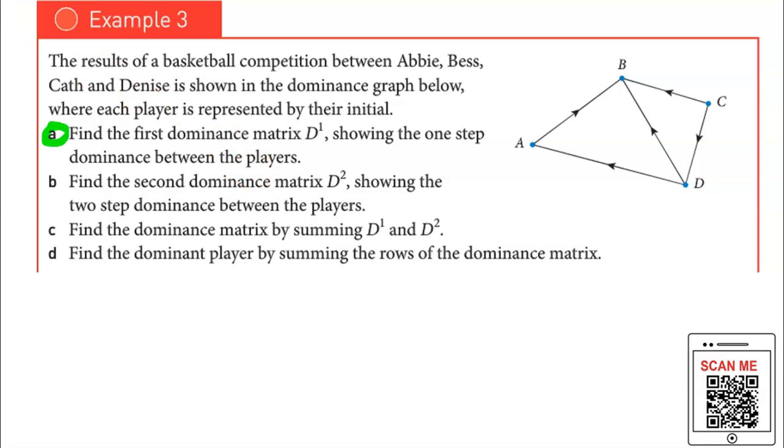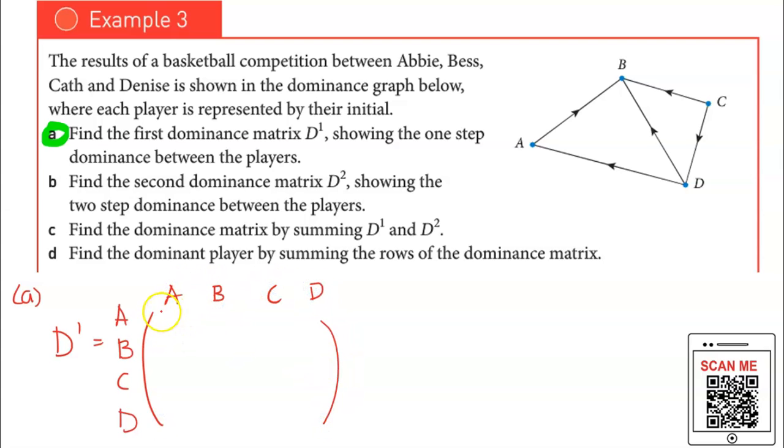So first thing, please construct a matrix. D stands for dominance. It's actually the same idea as what you did for the reachability. So A, B, C, and D. A beats B 1 time.